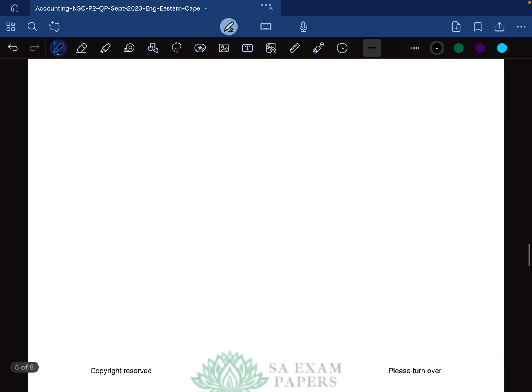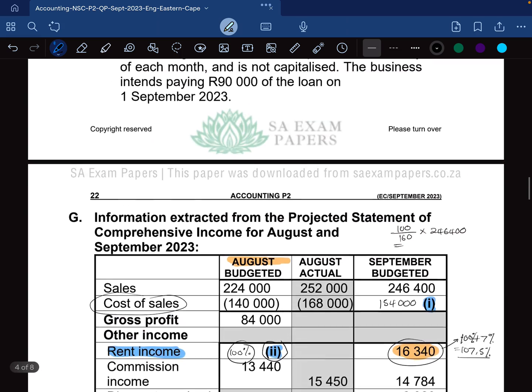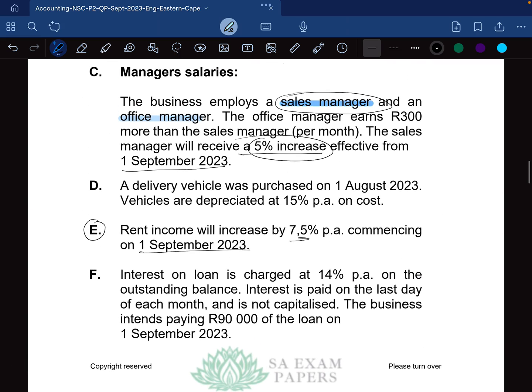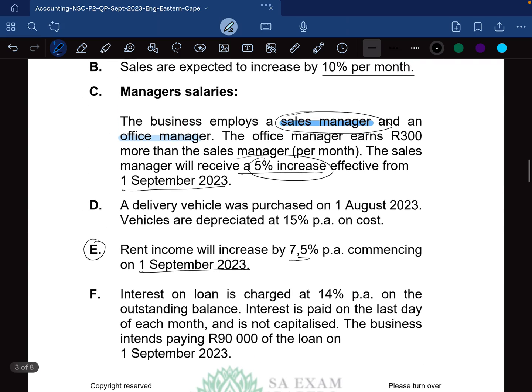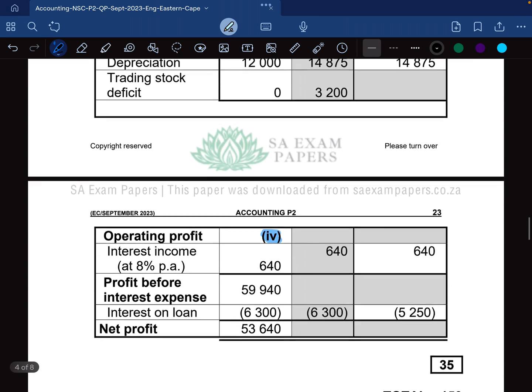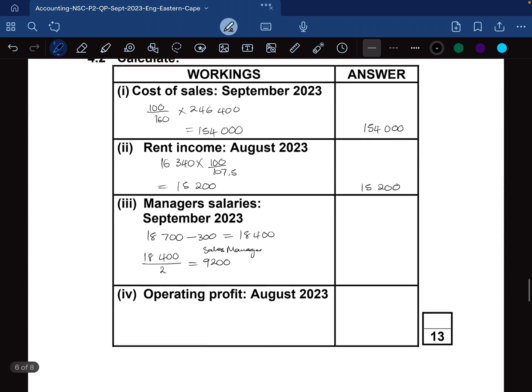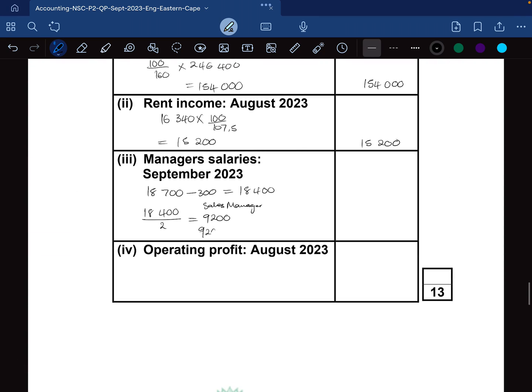Okay, now let's go to the second part of this required. So it says the sales manager will receive a 5% increase effective from the 1st of September 2023. Okay, so we're going to take the 9,200 and multiply it by 105%, right?